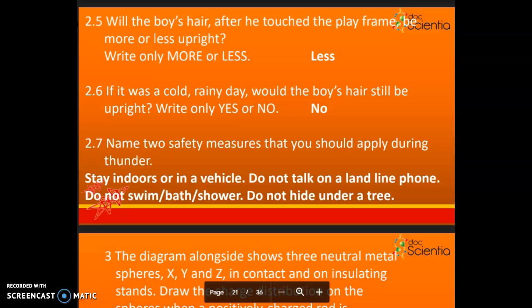Do not talk on a landline phone, because you can get some electricity in you. Do not swim or take a bath or shower, because the water can move the electricity. And also don't hide under a tree.